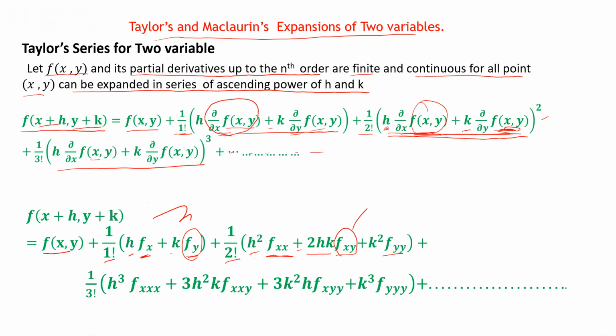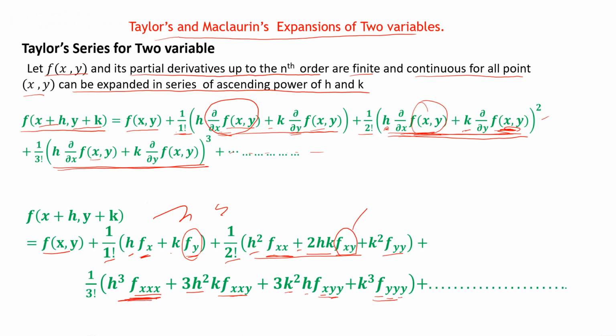So in that way when we expand that function, we write 1 by 3 factorial, h cube f xxx plus 3h square k f xxy plus 3k square h f xyy plus k cube f yyy. Here what do f triple x, f double x y, f x double y, f triple y mean? These are partial derivatives.